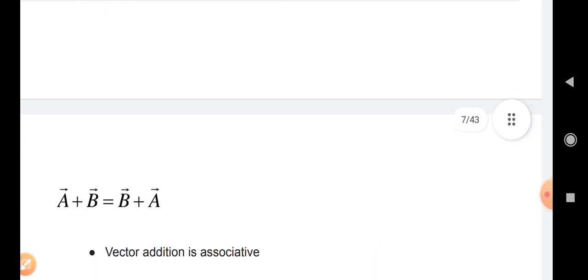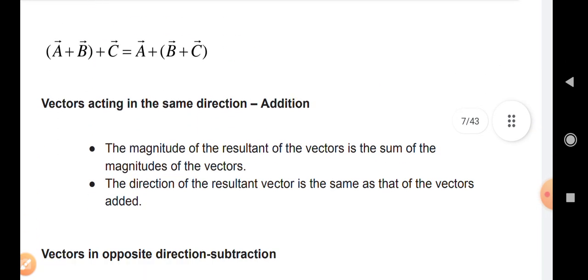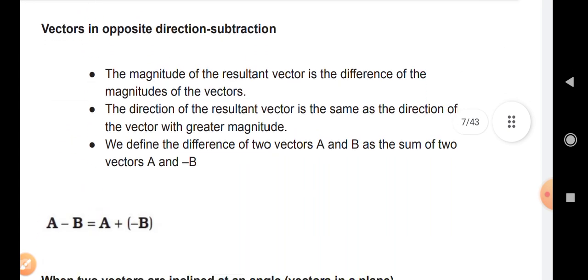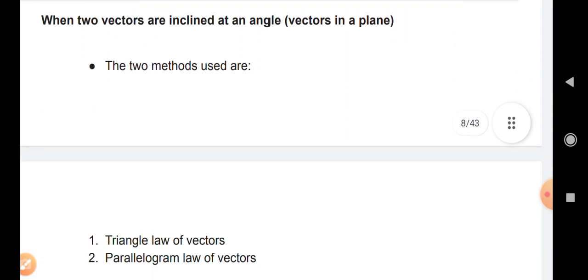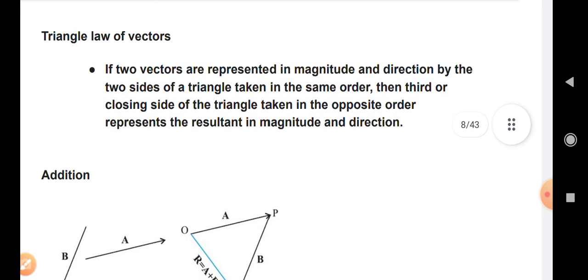Vector addition is commutative and associative. Triangle law of vectors.